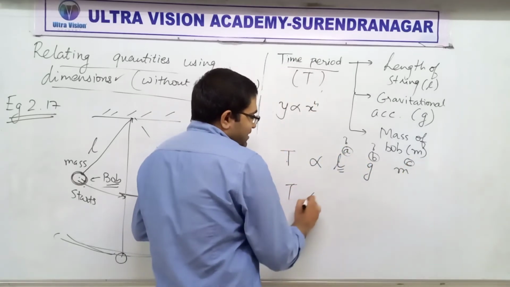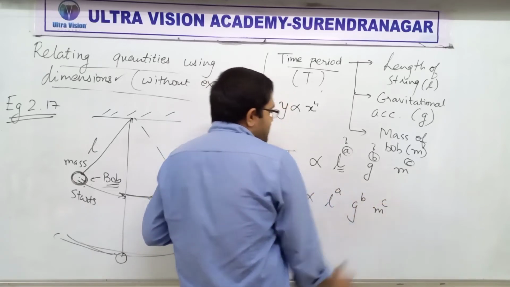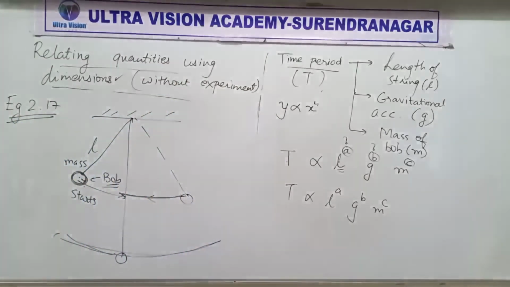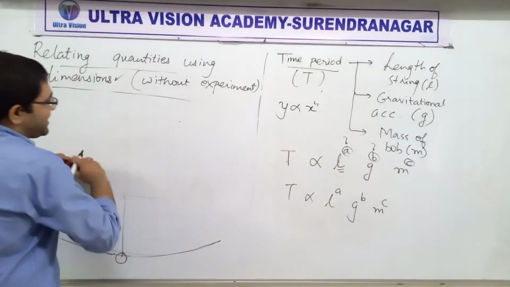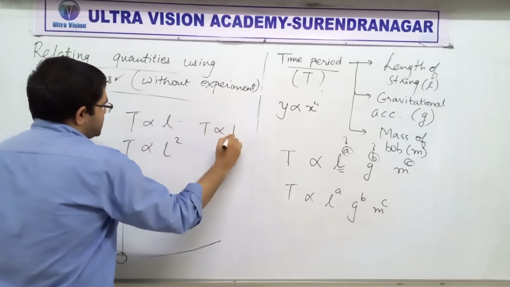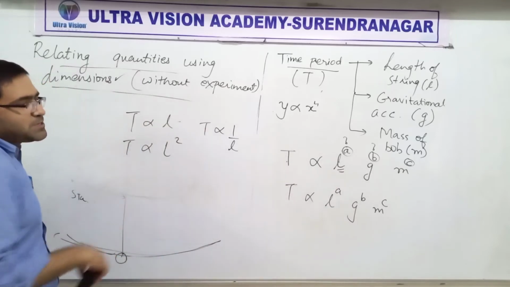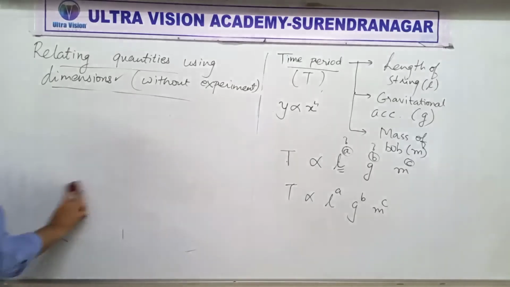So basically, there are three unknowns in this whole thing. Did you understand how many unknowns there are? Three: a, b, c. We don't know whether it's like this, or like this, or like this. Similarly, we don't know about g as well. So what pattern is there, we don't know. That's what we will find out by making equations.